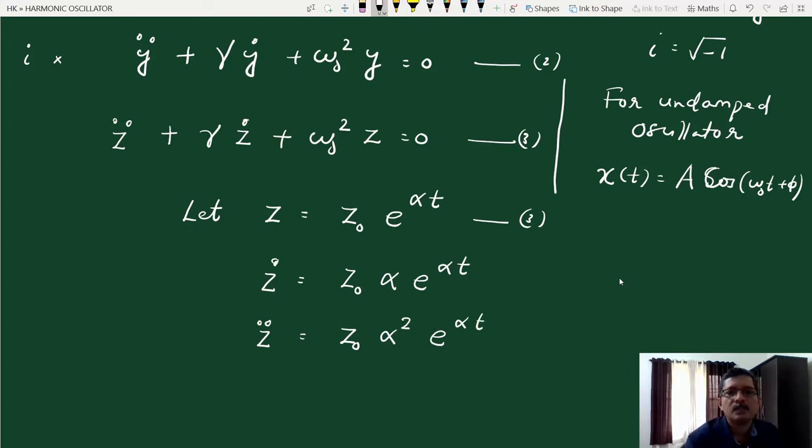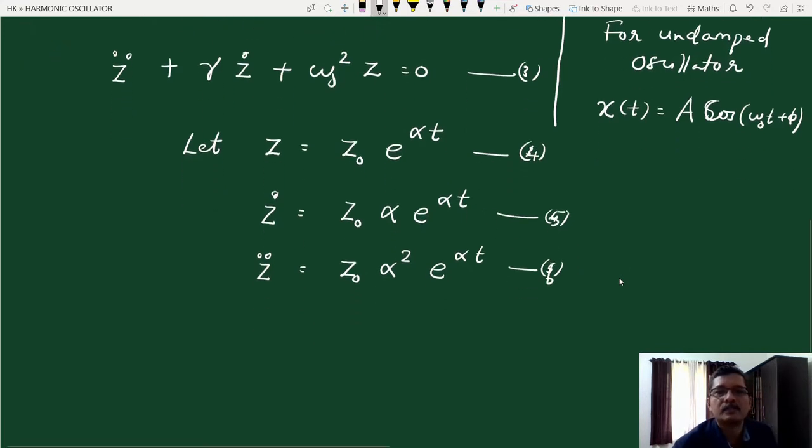Right? So let us substitute these three, sorry, my numbering is different now. This is equation 4, equation 5 and equation 6. So let us substitute equation 4, 5 and 6 in equation 3. Let us see what we get.